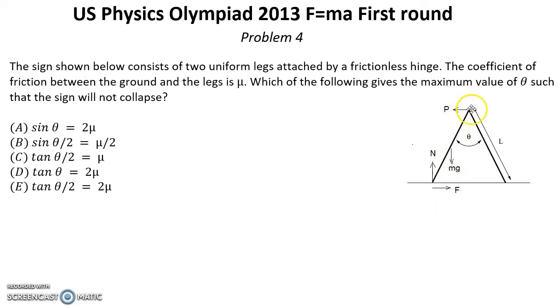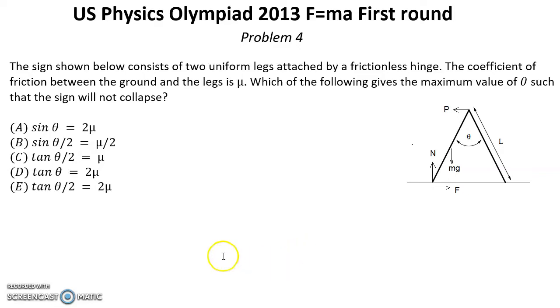We have force P, which is applied from the right leg horizontally. We have normal force, which is applied on bottom of the left leg. And we have force of friction F, which is applied to the left leg to the right.